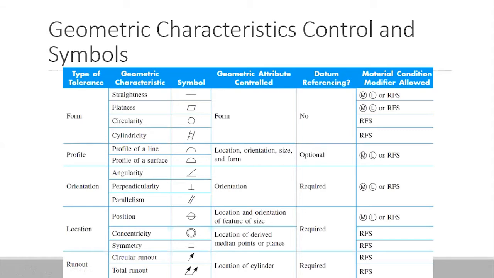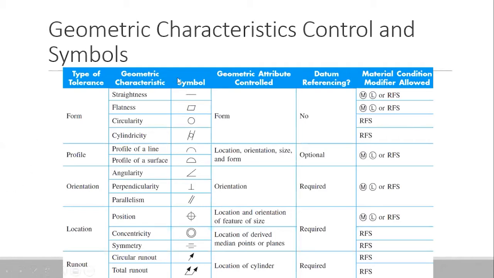Having said that, we now move towards the GD&T symbols. As we have seen from the slides earlier, GD&T, or the ASME Y14.5 2009 standard, provides a set of standards for controlling the attributes of a feature of size, such as form and orientation.